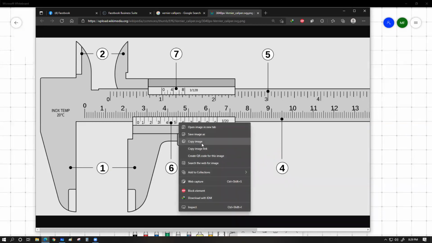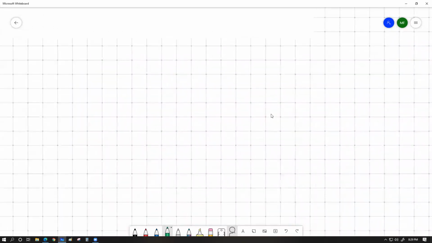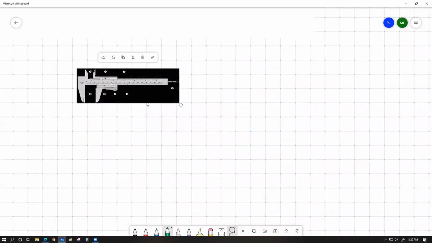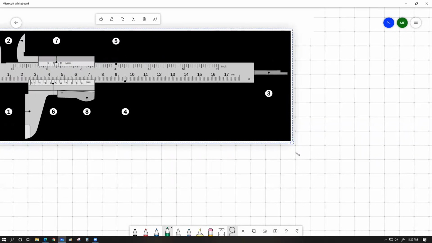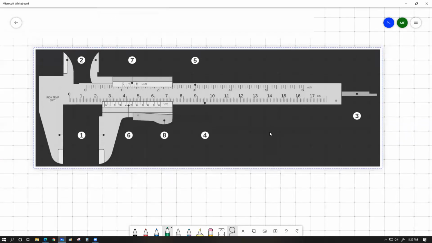This is a very detailed image, which I really appreciate.